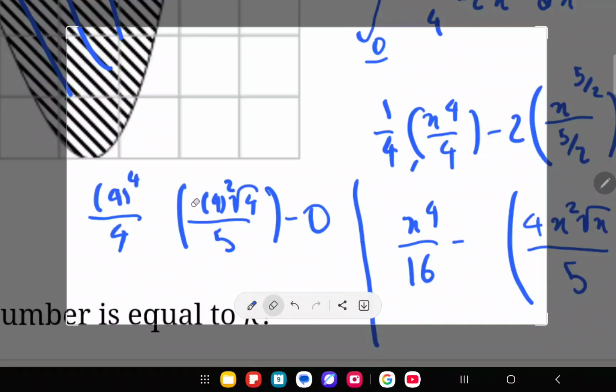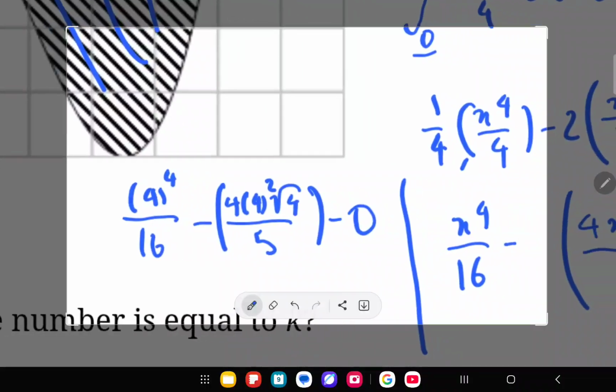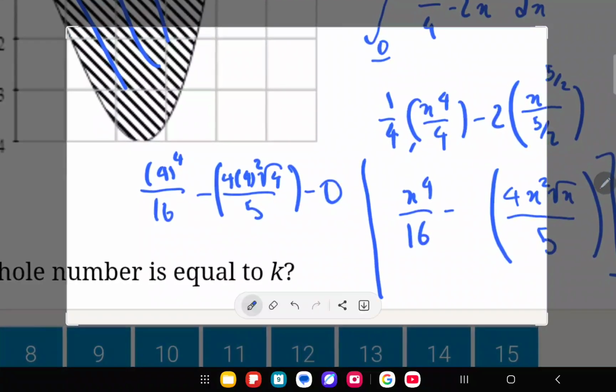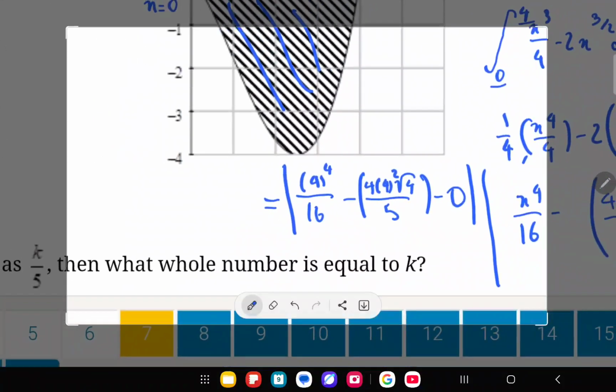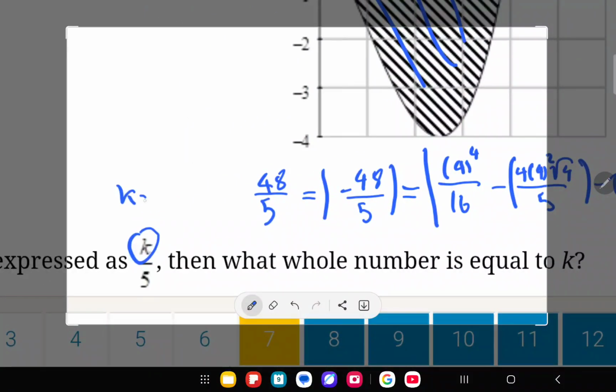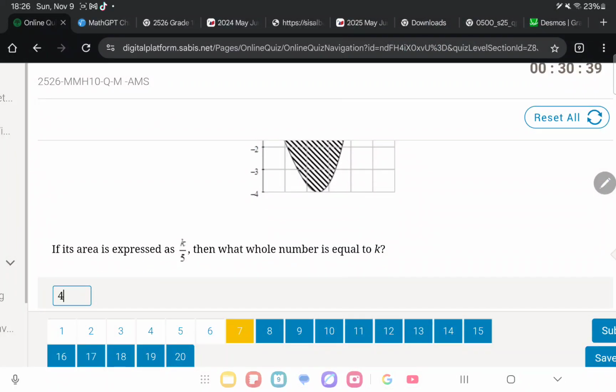And we just get 4 here. 16. Okay, so now we'll simplify it again. Once everything's done, you should get minus 48 over 5 in absolute values, which is equal to 48 over 5. Which means that k is equal to 48. So 48 over here.